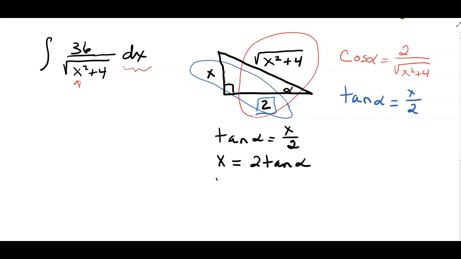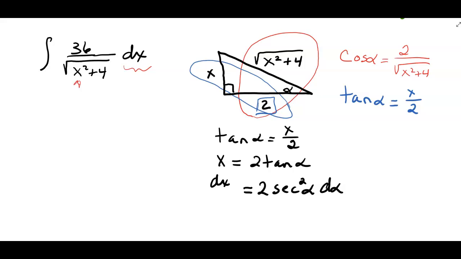In other words, we're finding dx d alpha. If you used theta as your angle, you're going to find dx d theta. It doesn't make a difference. Well, what's the derivative of a tan function? That's just secant squared alpha. Normally, we want to get dx by itself, so I'm going to take this d alpha part and put it over here.